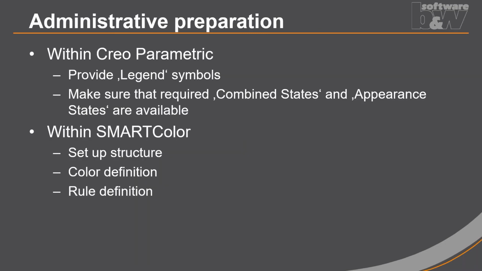Let's go into the perspective of the administrator, who has to do a few preparations, and a few of them are in Creo Parametric itself, and a few are in SmartColor. Within Creo, the administrator has to provide the legend symbols.